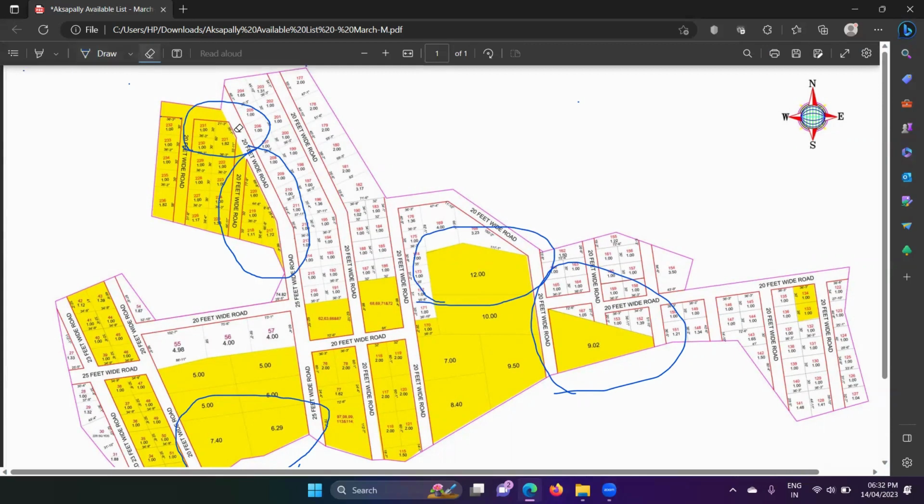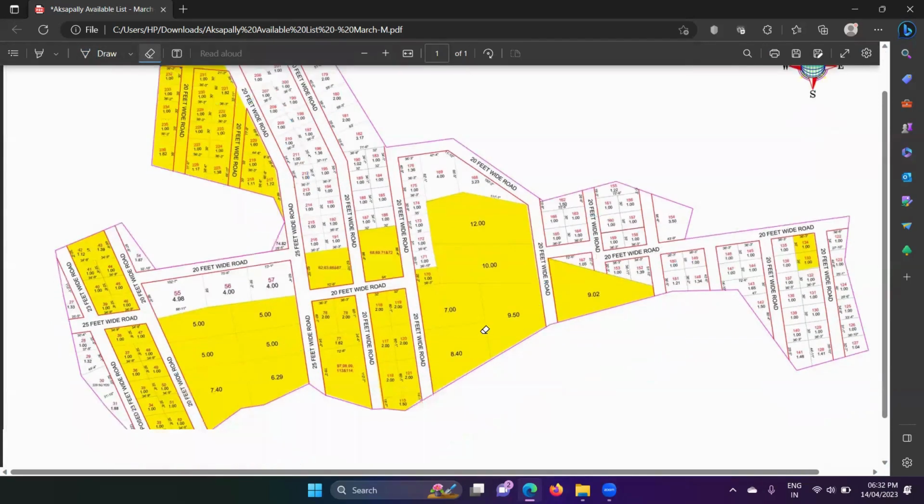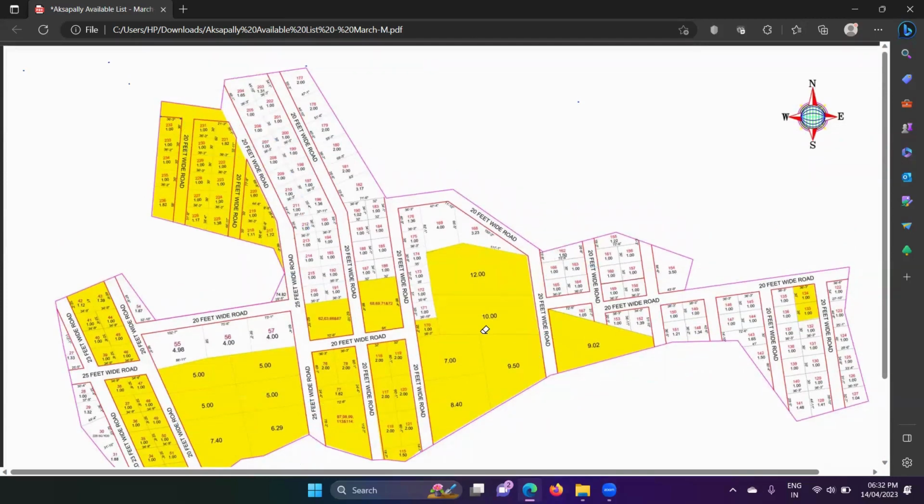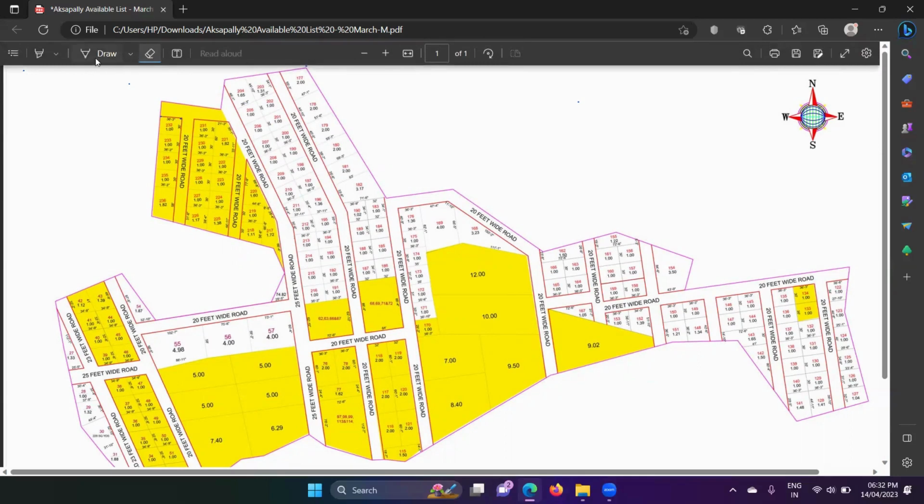You might get a question like, why do the property sellers do this sort of bifurcation, plotting or surveys? Because this is nothing in their hands. They have a limited plan in the initial stage. They purchase this much land and try to make some plots along with the roads provision.